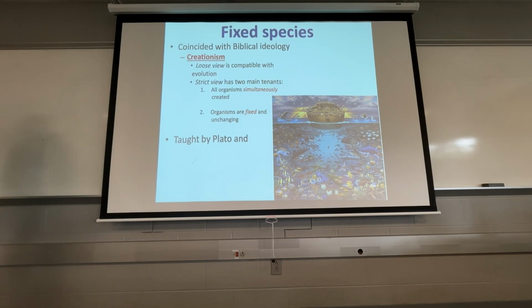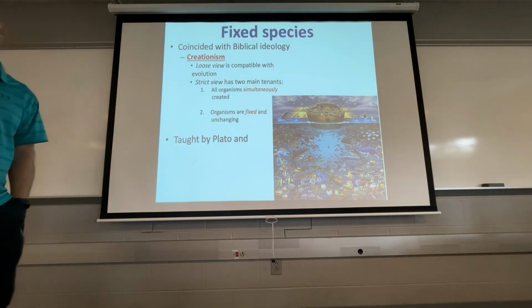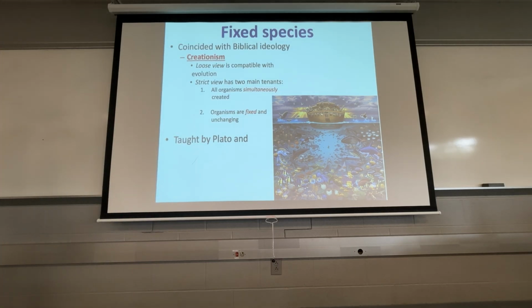When the church, the Catholic Church in particular, became a powerful entity socially, economically, and governmentally, and they started controlling science, that's when at least the early versions of creationism arose. And so the loose view is very compatible with evolution: God created all organisms, and those organisms all look different because God lets them fit in a particular place, so you're combining the science with the religious view.